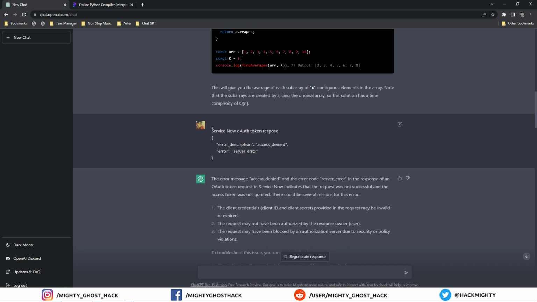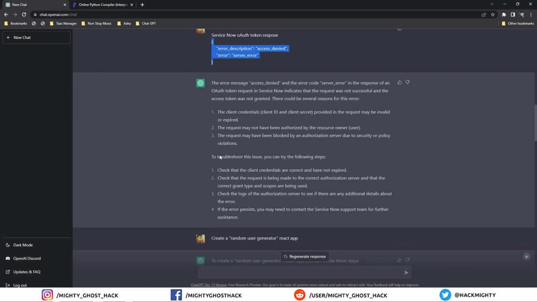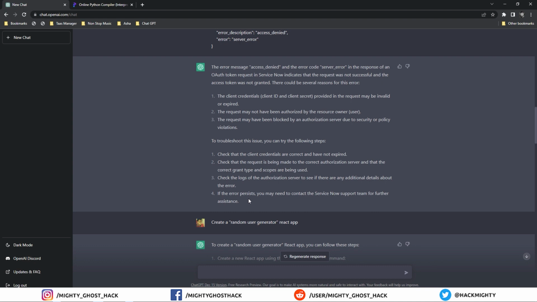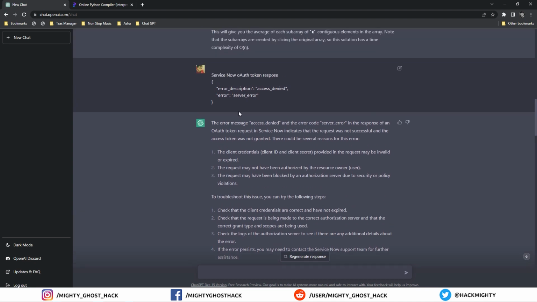The next time I asked about a ServiceNow issue which I was getting with the OAuth token. I just added the response over here and I got this answer. If you look at this answer, it is not pretty cool, because it is simply explaining what the error message means, but that is not what I was looking for.